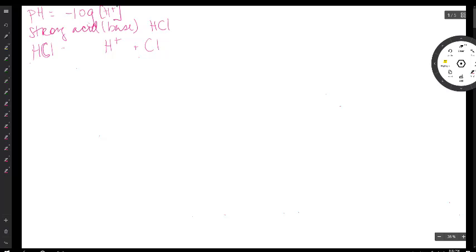And we can draw this reaction with a forward arrow indicating this reaction goes to completion, because HCl and other strong acids 100% dissociate. So at any given time, HCl is never going to be HCl, it's going to be H plus and Cl minus.